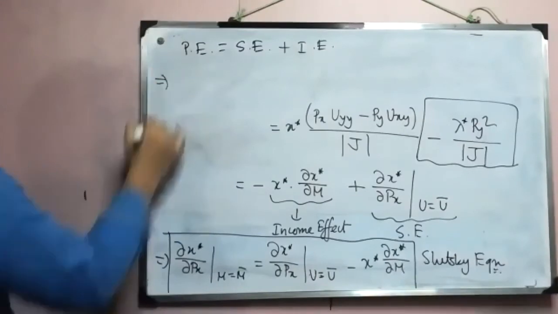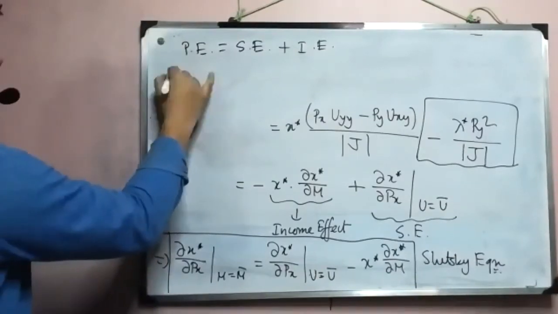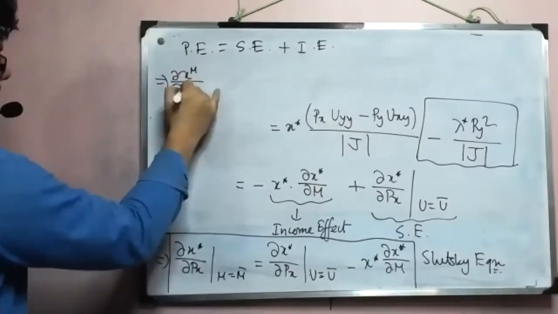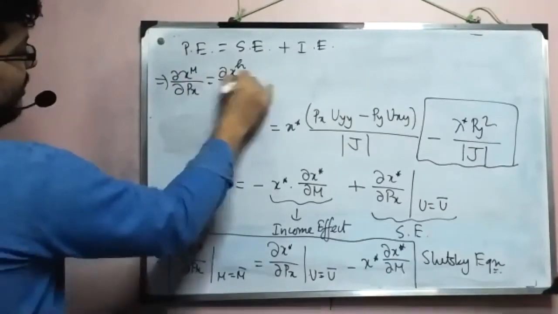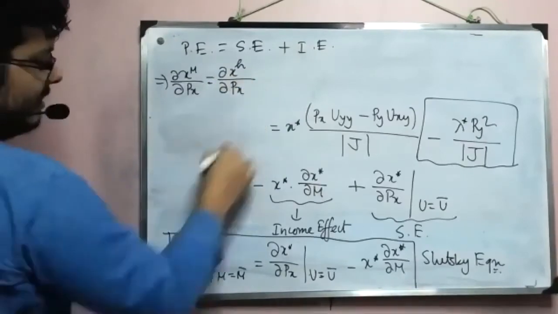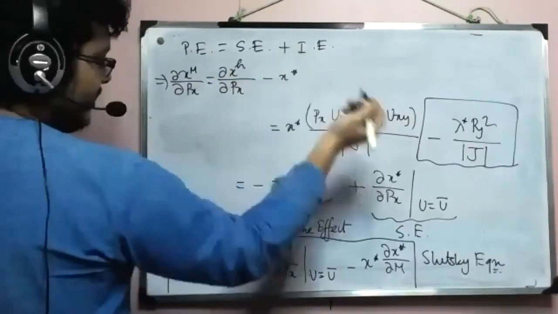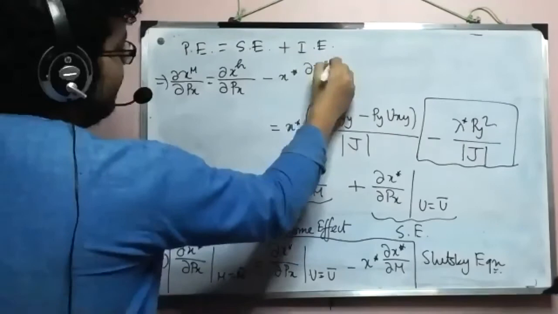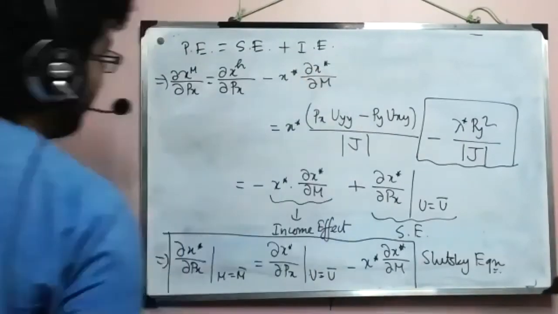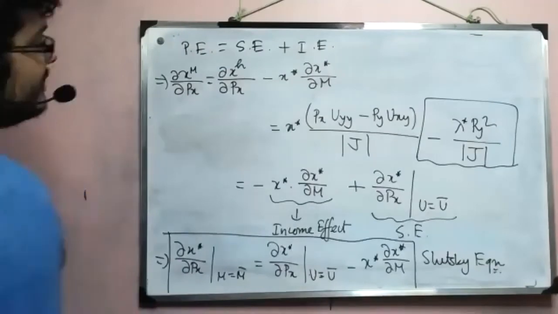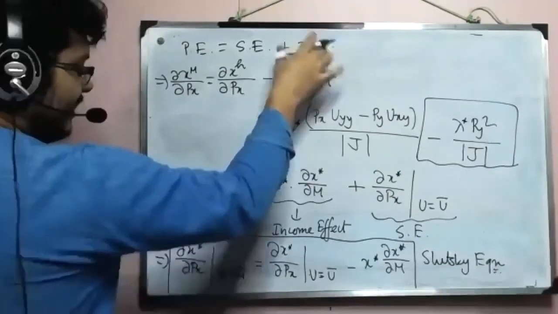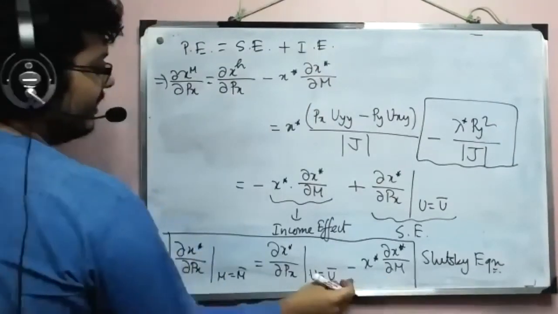At times in some books it is also written as X del X M, which explicitly stands for Marshallian, equal to del X H del Px minus X star del X star del M. Okay, now again matching with this, I have written plus income effect here, but here in income effect I have put a minus.